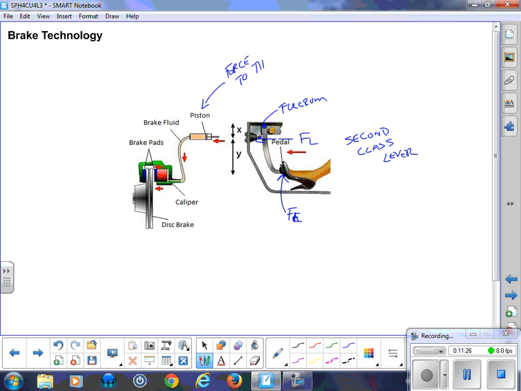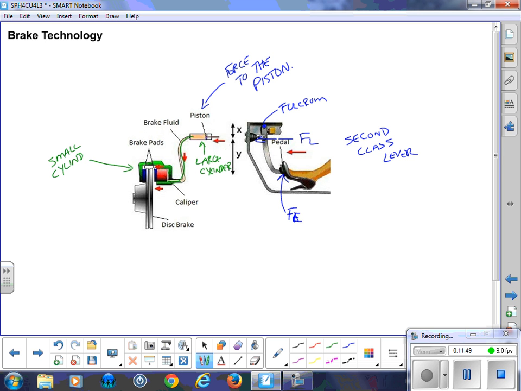Now, you'll notice that it's the opposite of the hydraulic lift, because over here we have a large cylinder, and on the actual system, if you follow the hose all the way through, we have small cylinders. So why is that?